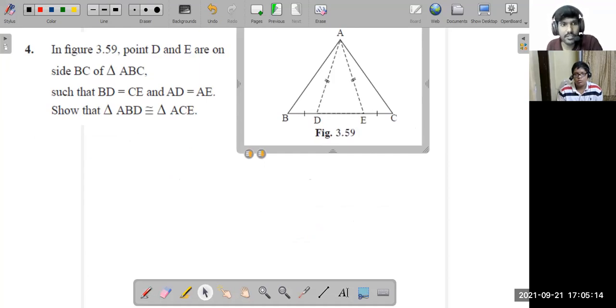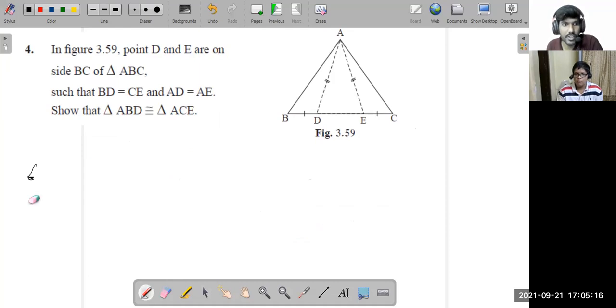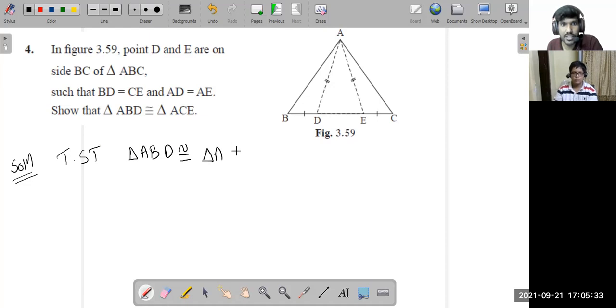Okay, so in this one, you have to prove triangle ABD is similar to triangle ACE. ABD means this triangle and ACE means this triangle.